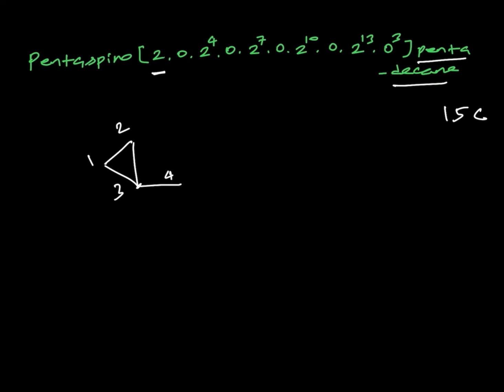So let's call this 4, and then at 4 again we have a 3-membered ring. 5, 6, again 0, 7, and then at 7 again we have a 3-membered ring. Let's draw that. So this is 8 and 9, again 0, one spirocarbon connected to another spirocarbon. So this is 10.